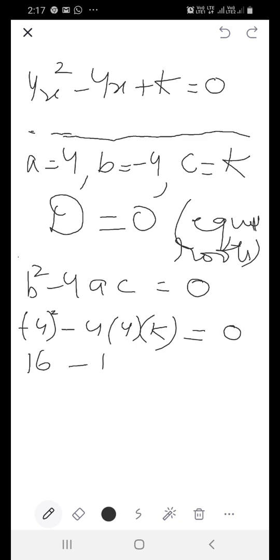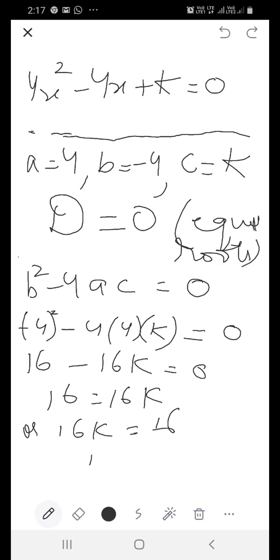Then 16 minus 16k is equal to 0. 16 is equal to 16k, or 16k is equal to 16. K is equal to 16 upon 16, that is equal to 1. So what is the value of k of the given quadratic equation? It is 1. As the nature is given to you, we have calculated the value.